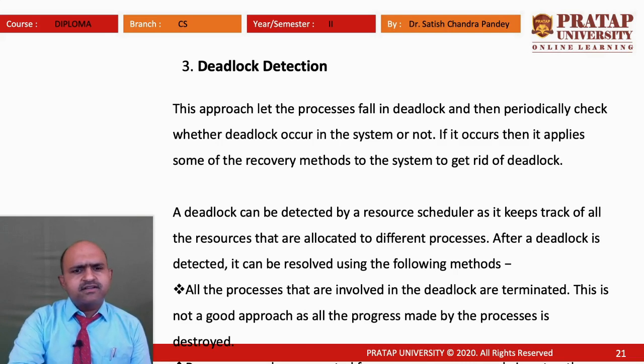A deadlock can be detected by a resource scheduler as it keeps track of all the resources that are allocated to different processes. After a deadlock is detected, it can be resolved using the following methods.